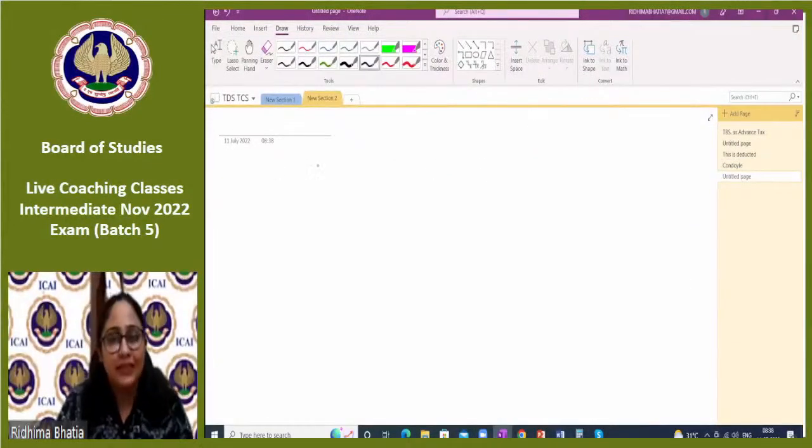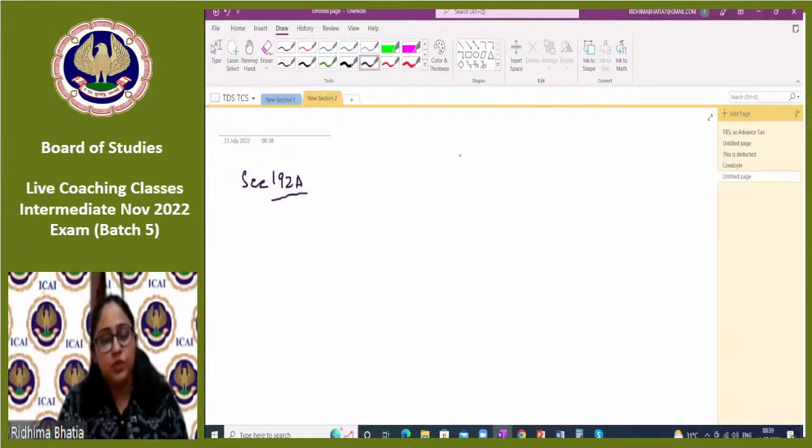So now let's start with another important section, 192A. Now what is 192A? TDS under section 192A. So this is generally premature withdrawal from employees provident fund.